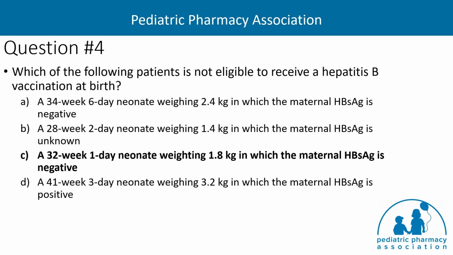And letter D, this neonate would be eligible to receive because they weigh 3.2 kilos and the maternal hepatitis B surface antigen is positive. So they would also be receiving the hepatitis B immune globulin.